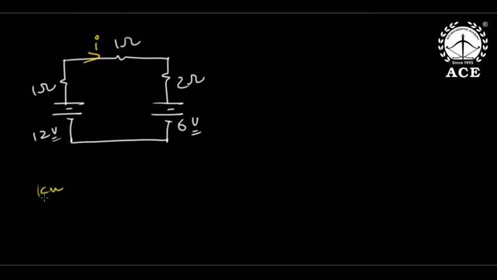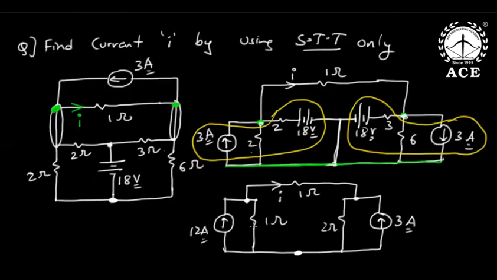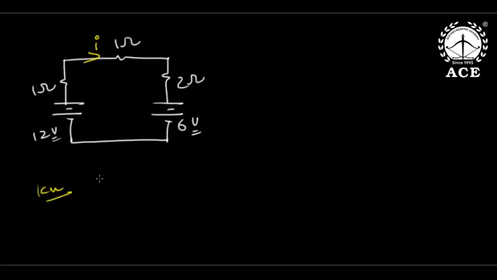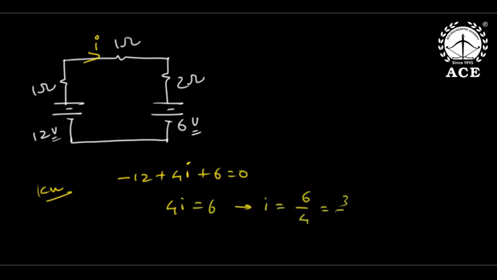Both arrows up, plus up. So KVL: minus 12 plus 4i plus 6 equal to 0, 4i equal to 6. So I is 6 by 4, 3 by 2, 1.5 amperes is the answer. 1.5 amperes.